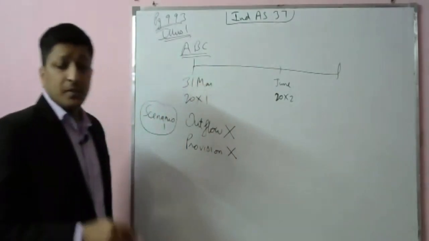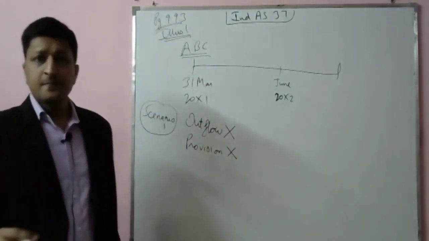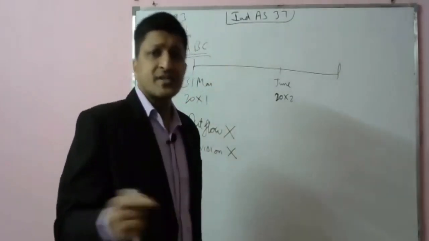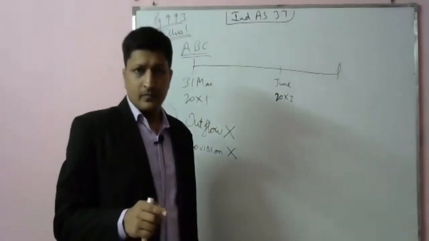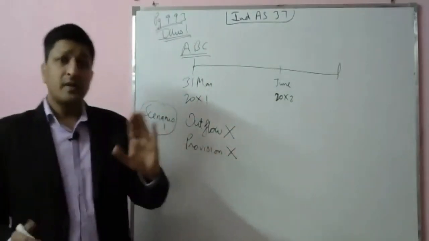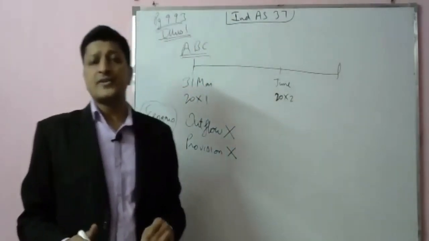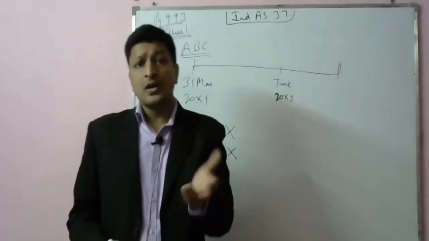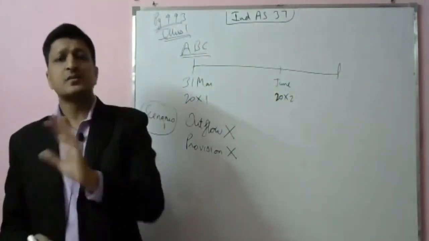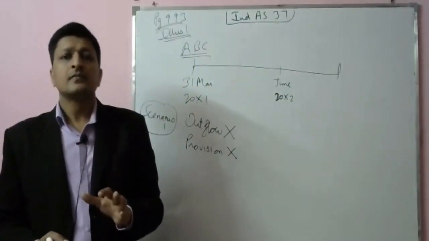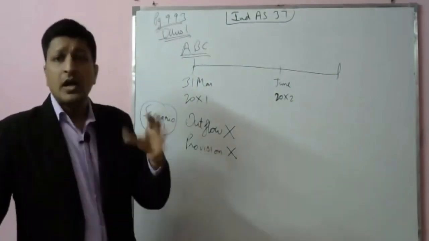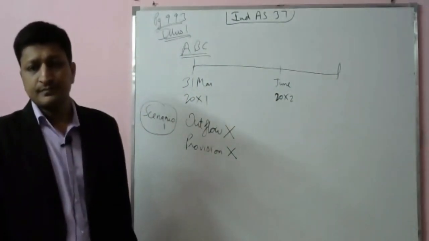Why? Because for a provision, there has to be an obligation, and which must result in outflow. That outflow may be uncertain in terms of its timing, may be uncertain in terms of determination of amount, but outflow must be there. In the given scenario, outflow doesn't exist.